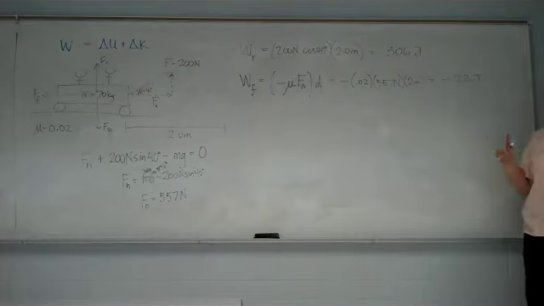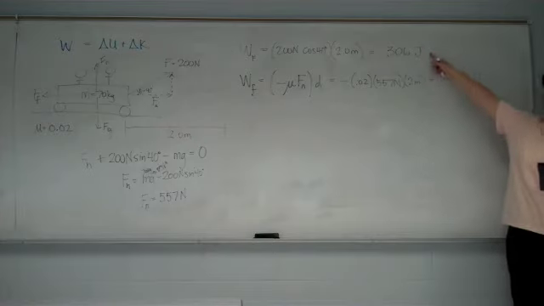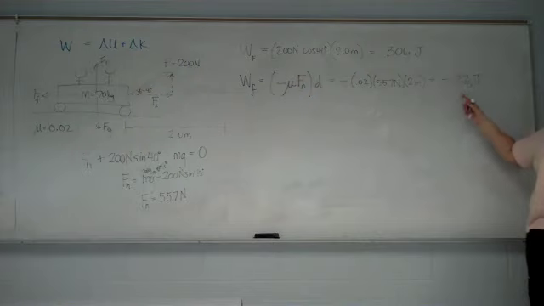Work is a scalar, meaning it's just a number. Positive and negative don't mean to the right or to the left. I could certainly have drawn my picture so that we were pulling the wagon to the left, and we would still get a positive for the force F and negative for friction. So what do the positive and negative signs actually mean?